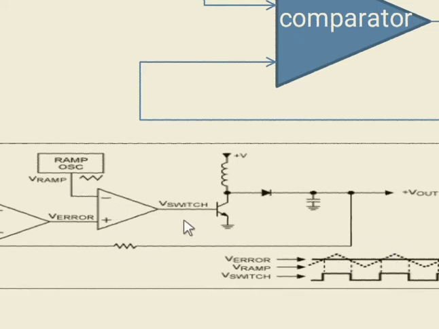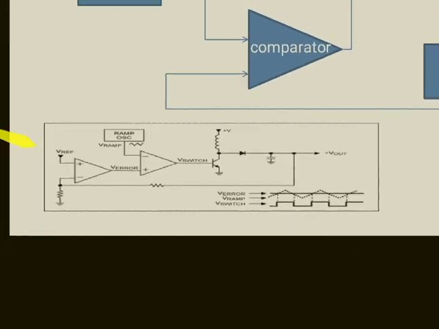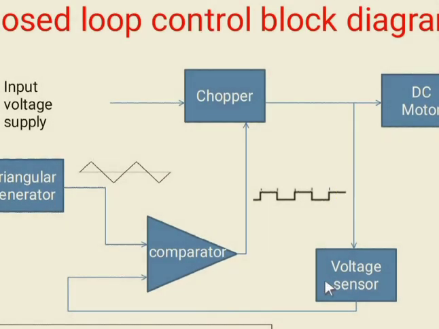At the output side of the comparator we get this kind of pulses. By changing the reference signal, we can change the pulse width. By changing the pulse width which is given to the chopper, we get the controlled output voltage. So this is the basic closed loop control block diagram.